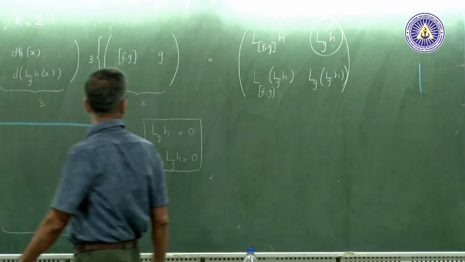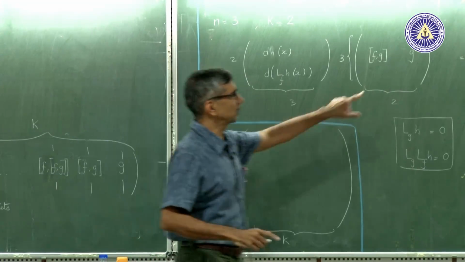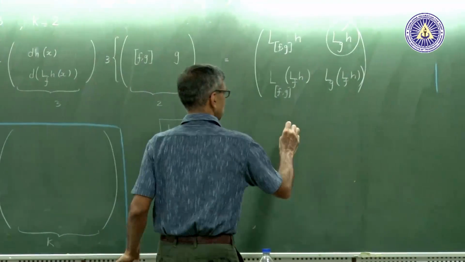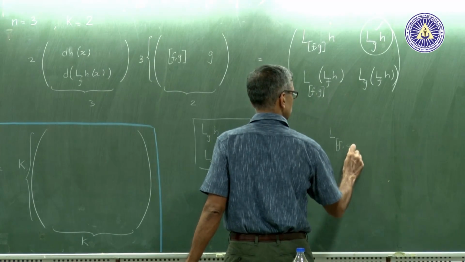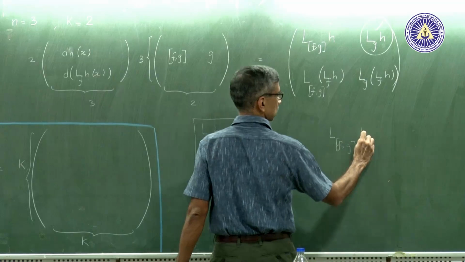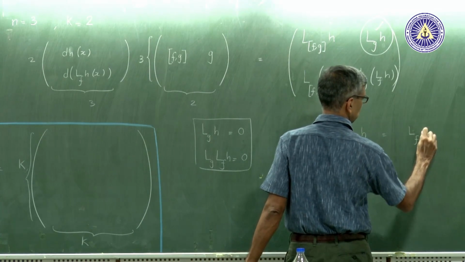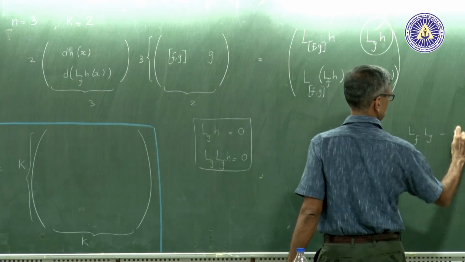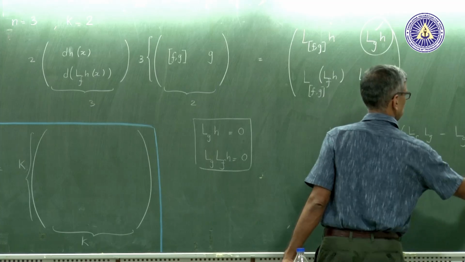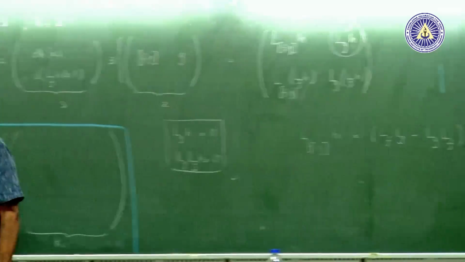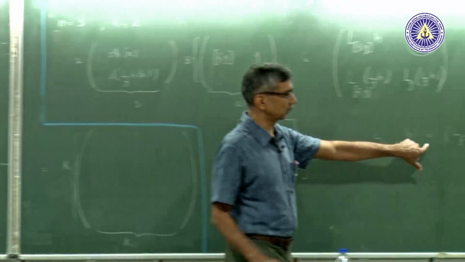What about this? Now that's a little bit confusing because I have not shown you so far, but in Lie derivatives, the Lie derivative of this, that is along this vector field, is, you can prove this, actually you can prove this.